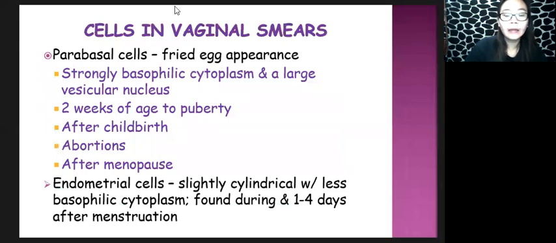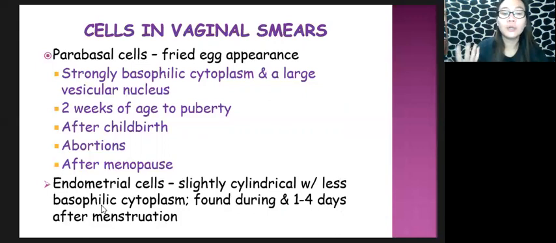Okay. So in addition to your parabasal cells, your endometrial cells may also be observed. They are slightly cylindrical with less basophilic cytoplasm, and they are common during and 1 to 4 days after menstruation. So remember that during menstruation, what happens is the endometrium of your uterus is being shed.